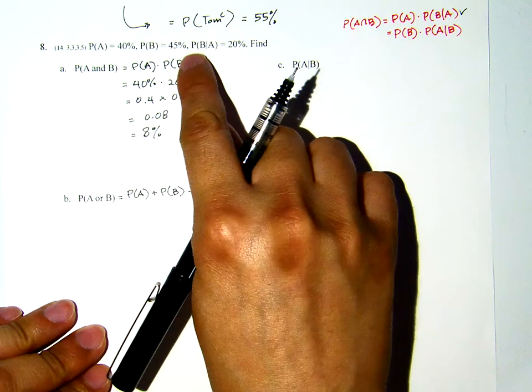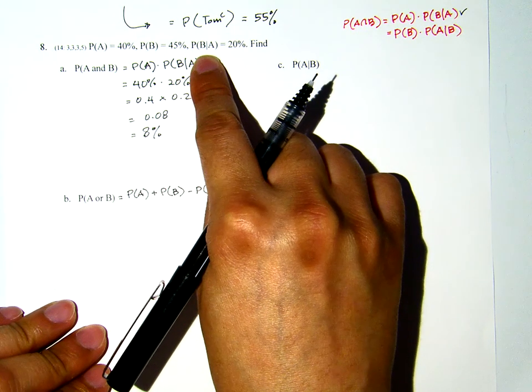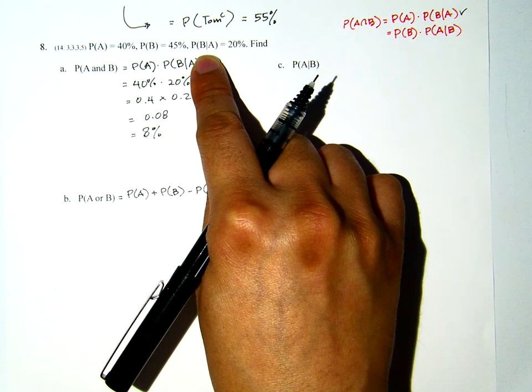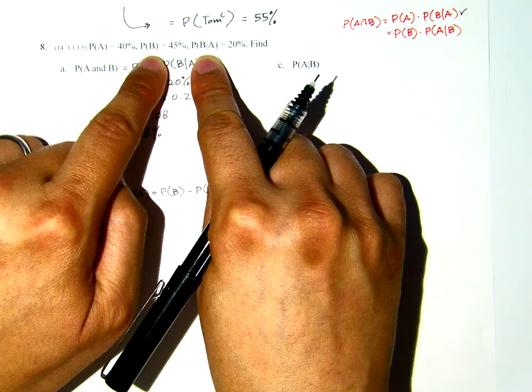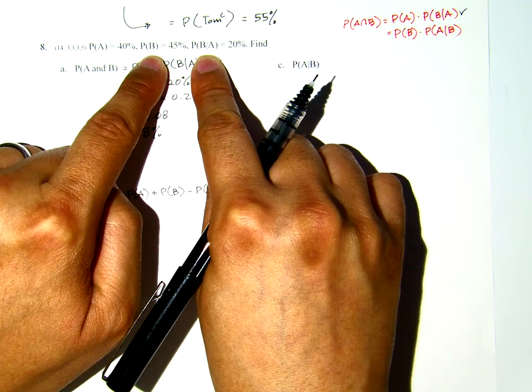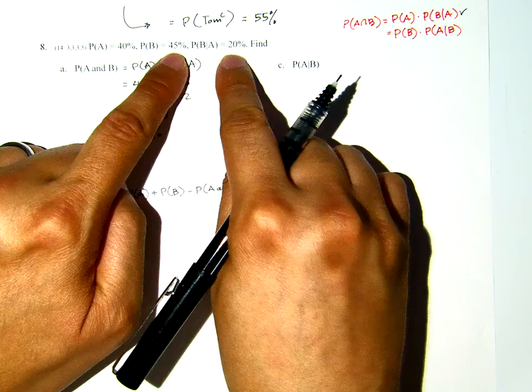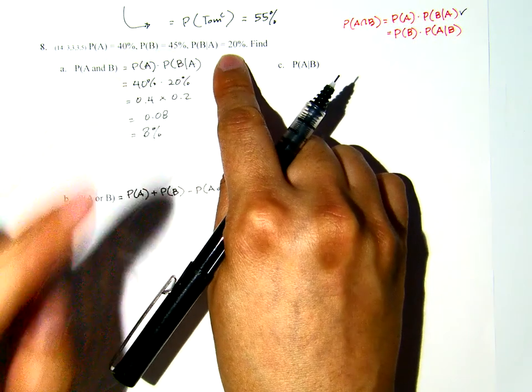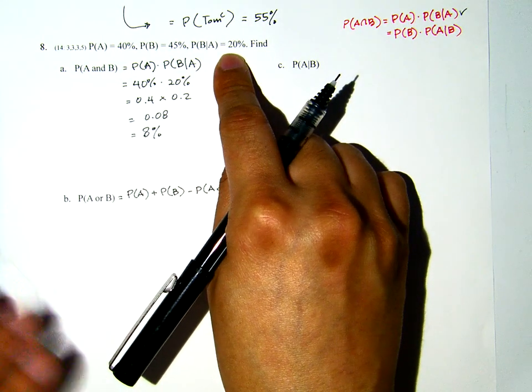They are not independent because the conditional probability of B given A is different from the probability of B without the conditional. They're different, which means A and B are not independent.